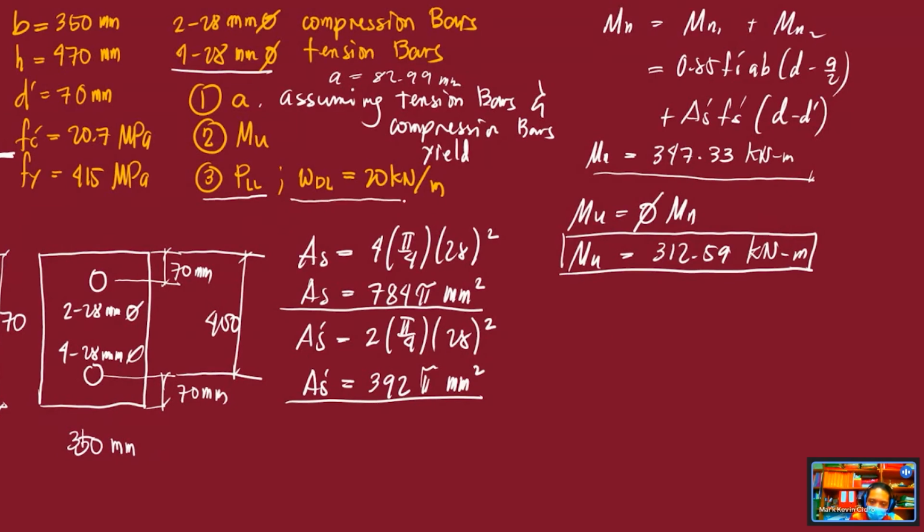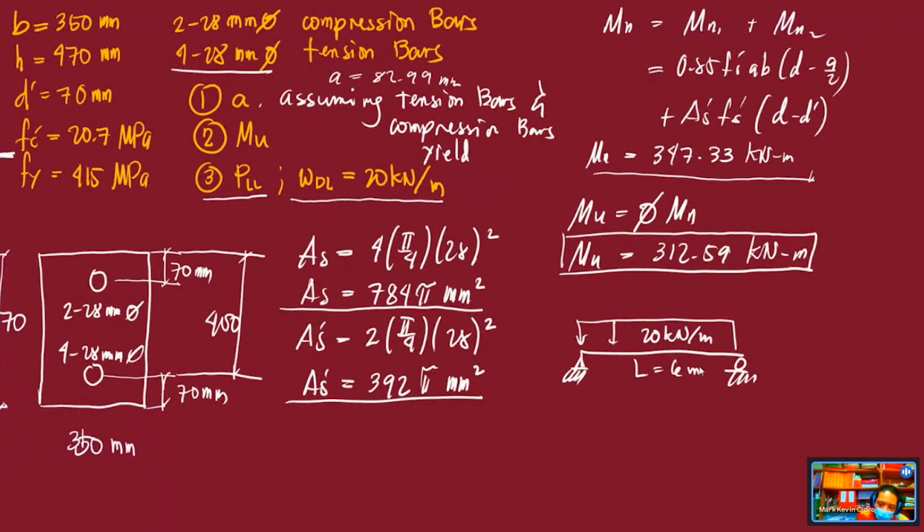If your dead load is 20 kilonewton per meter, what additional live load can be placed at midspan? So we have a simply supported beam. This is w, which is 20 kilonewton per meter. The span is 6 meters.